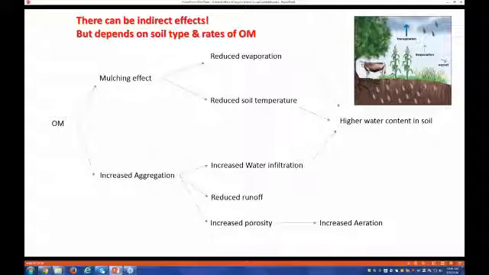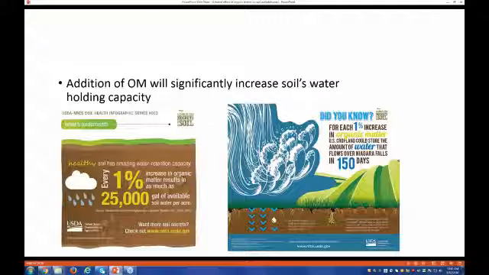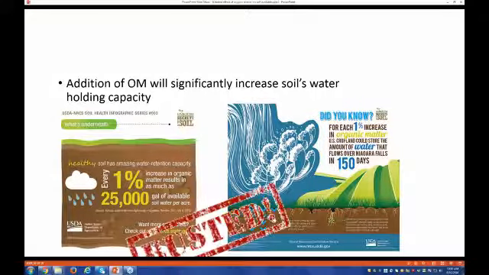But that's not the topic for today. We can talk about it another day. So the statement that addition of organic matter will significantly increase soil water holding capacity, I hope I can convince you that this infographic is busted.